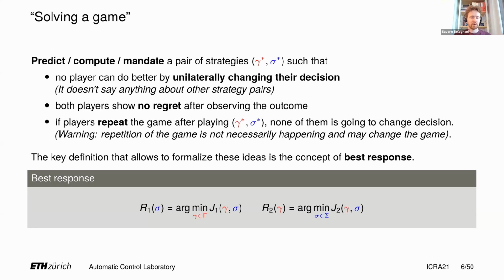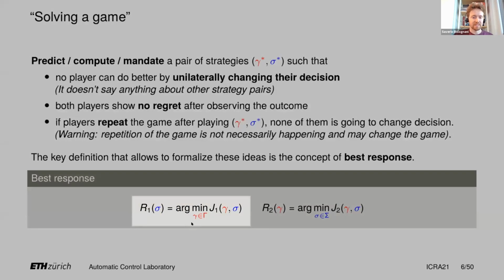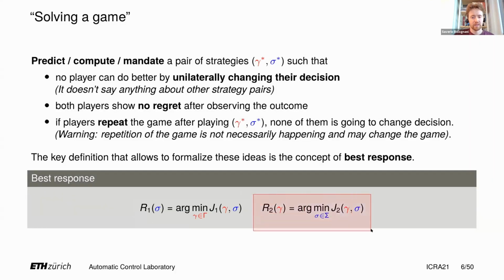So what's the best response? The best response for one of the two players is the set of actions that minimize their cost, their outcome, right? Given the other player's action, sigma. So you see the best response is parameterized in the other player's action, both for player 1 and for player 2.